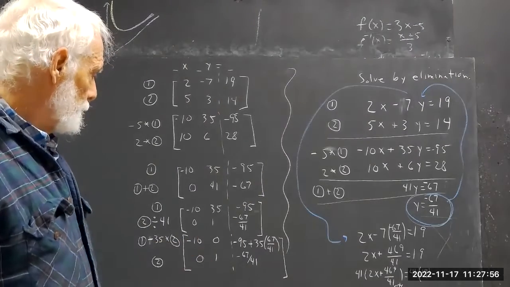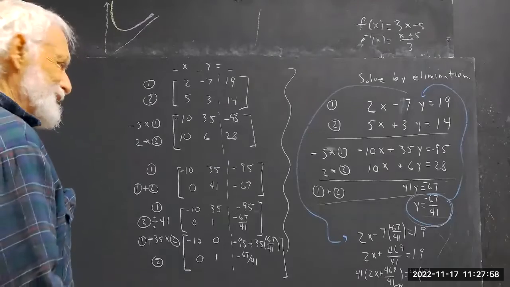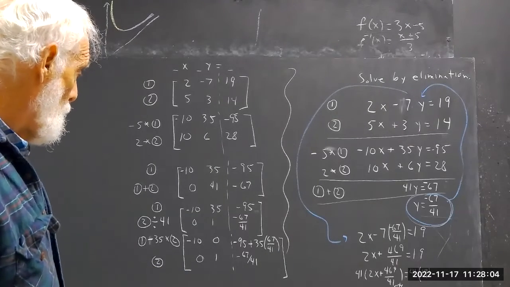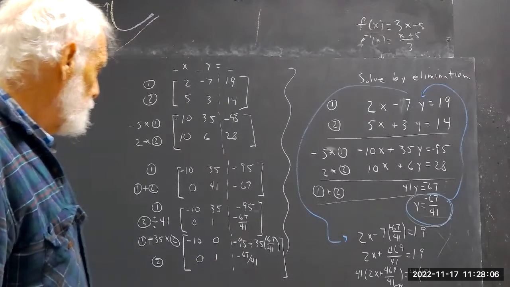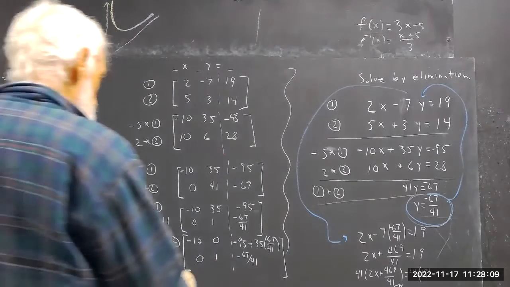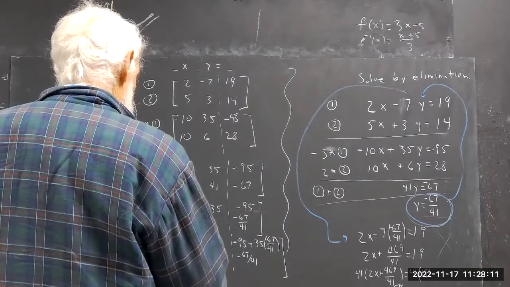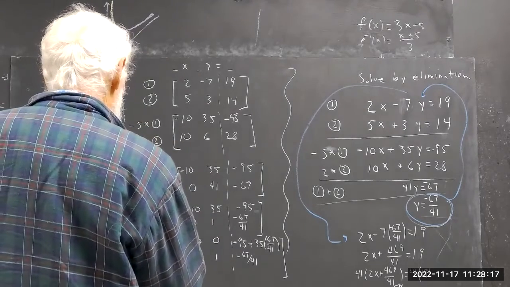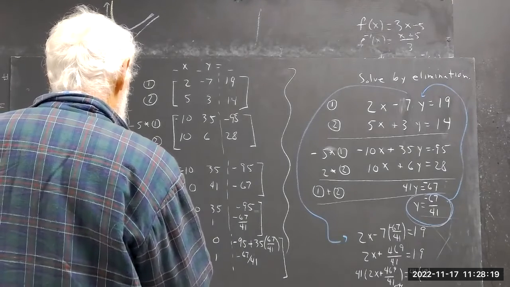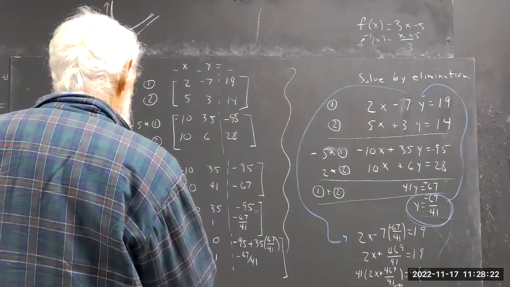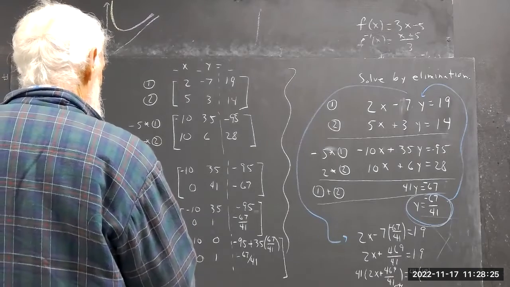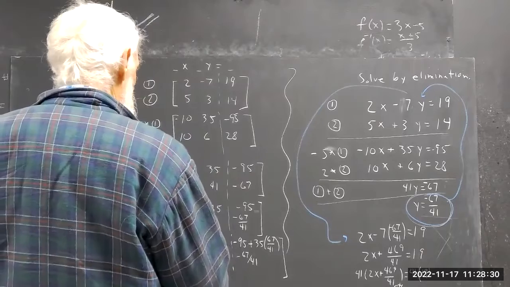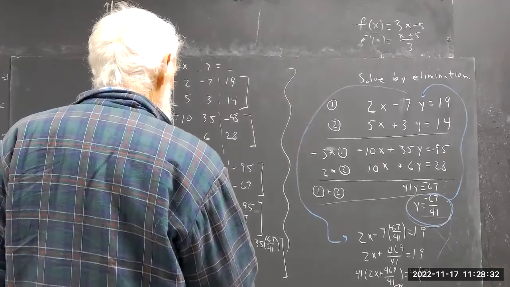Okay, now I don't have room to, getting pretty low on the board. This expression is going to be a little messy, but I want to keep this part of the board. So I'm going to go ahead and write it out. I'm going to get row 1 divided by negative 10, and then row 2 is just going to be repeated. If I divide row 1 by negative 10, I get 1, 0.